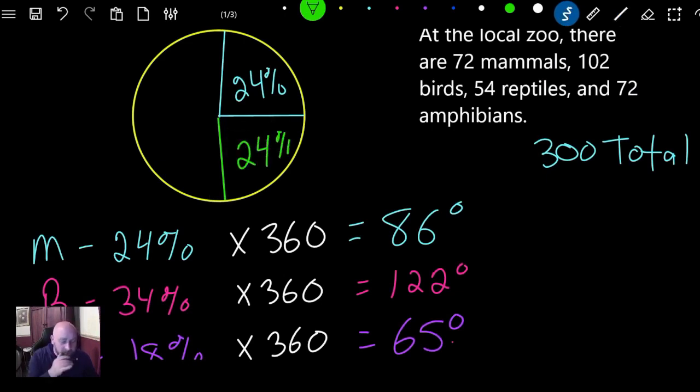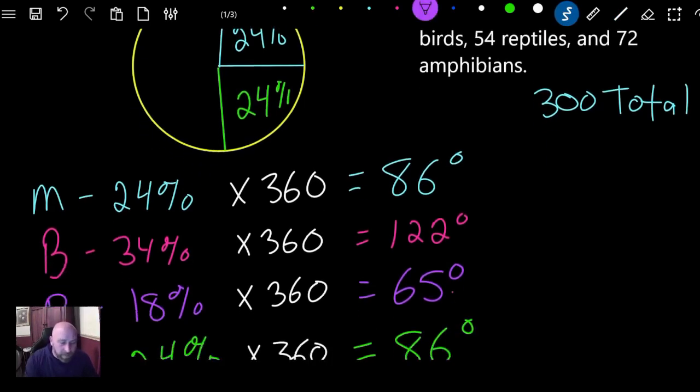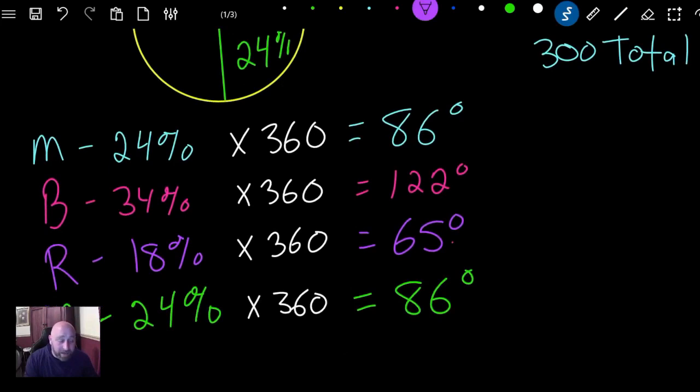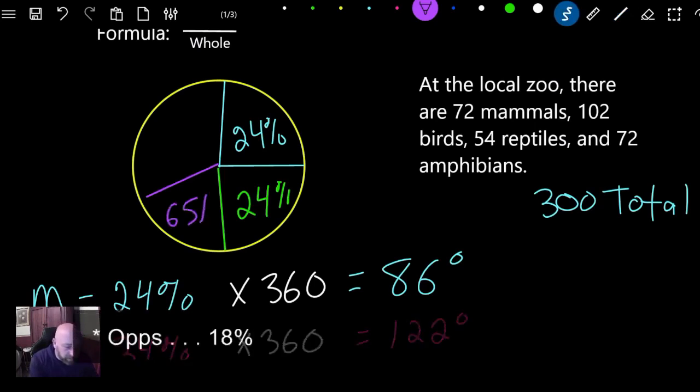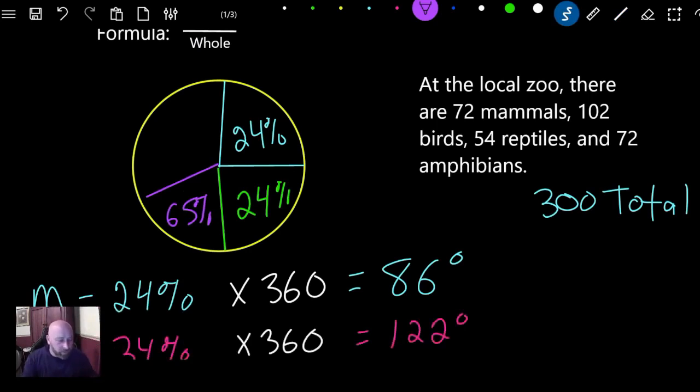That's the amphibians. Then we'll do the reptiles, which were 18%, 65 degrees. And so I'll just guess here a little bit at 65 degrees. And we'll go somewhere in there. And I'll put 65. Now you would actually be measuring that out with your protractor, what the actual degrees were.